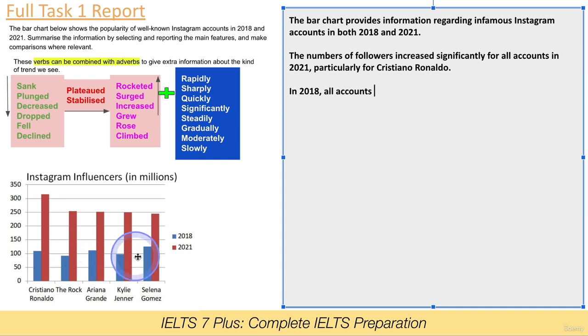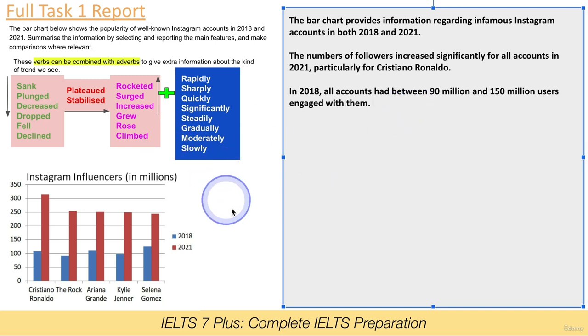That's about 90 million, and the highest is about 150 million. So we could say all accounts had between 90 million and 150 million. Instead of followers, maybe users engaged with them. Okay, let's go into specifics.